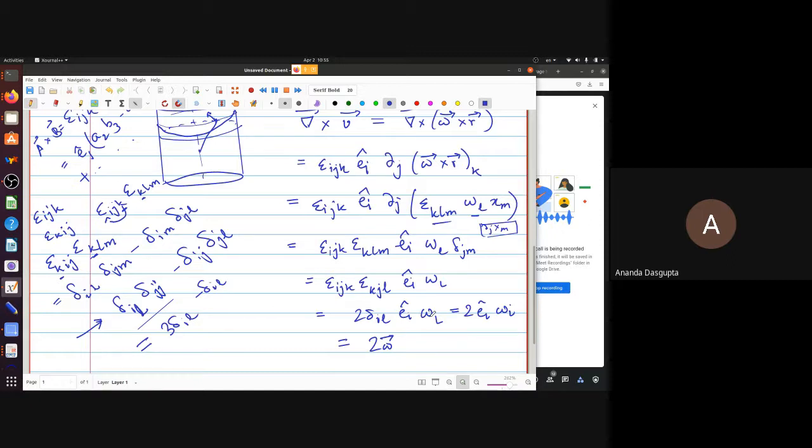So when you have a rigid body rotating with an angular velocity omega, or a fluid rotating so that every part rotates with the same angular velocity, which is for the time being like a rigid body, the curl of the velocity does not vanish. The curl of the velocity is actually twice the angular velocity. So this is something that has to be borne in mind, that rigid rotation of a fluid would violate the curl of V equal to 0 statement.